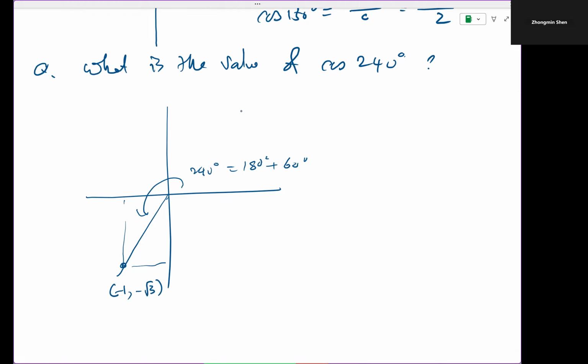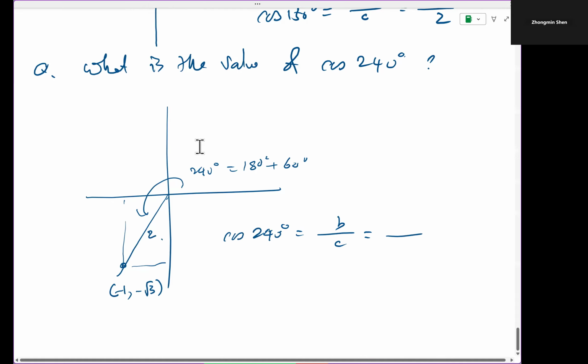They both are negative. So C is 2. Therefore, cosine 240 degrees is A over C, which is -1 over 2.